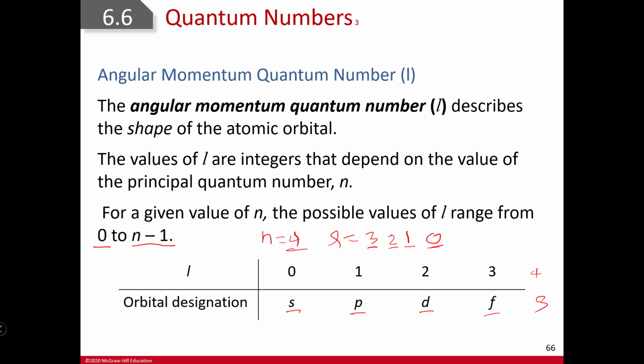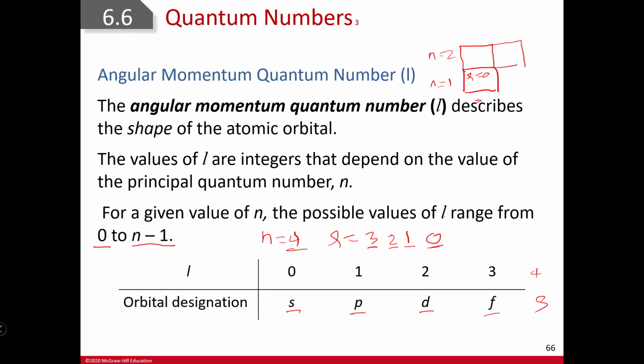So L gives us, let me tell you what it's like. It's kind of like an apartment building. If you're on the first floor, there's only one room. So this is N equals 1, and this is L equals 0. If you're on the second floor, N equals 2, so we're further from the nucleus. The nucleus is down here. N equals 2, you get 2 L values.